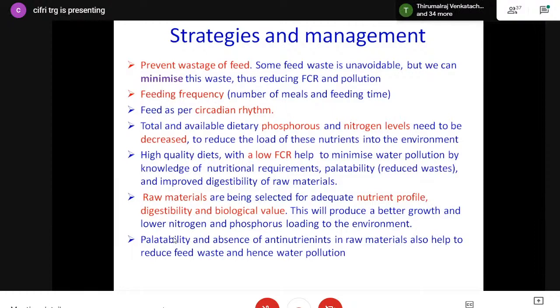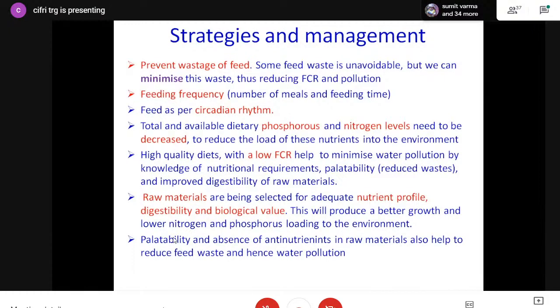Also we should follow the circadian rhythm, which I discussed in the first or second slide, that we should understand the feeding behavior of the fish. The circadian rhythm is the biological clock of feed consumption, and not only feed consumption, any other biological system follows a circadian rhythm. The fish consumes feed at a particular time, and we should understand that time and give feed at that time, so that there is instant consumption, and that will ensure better digestion.